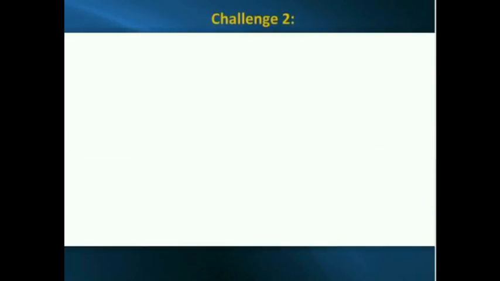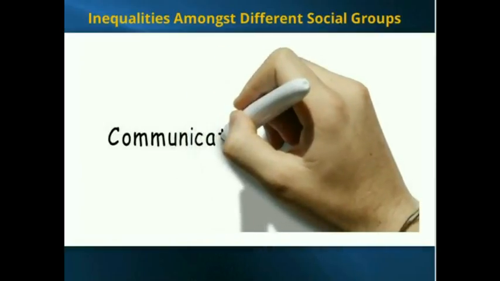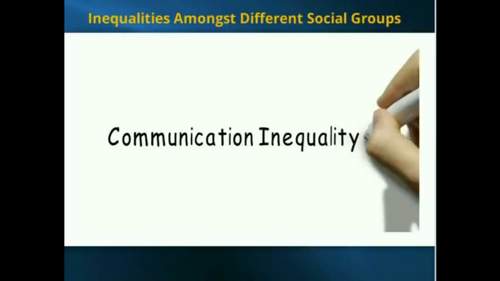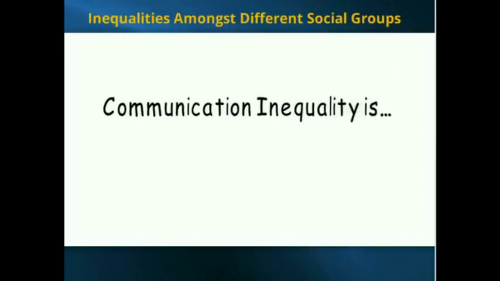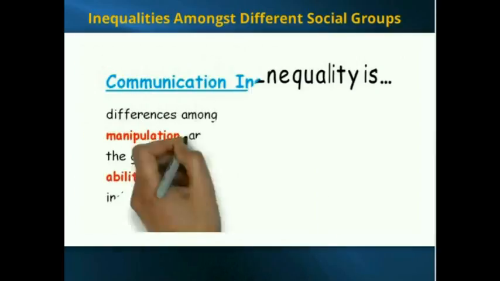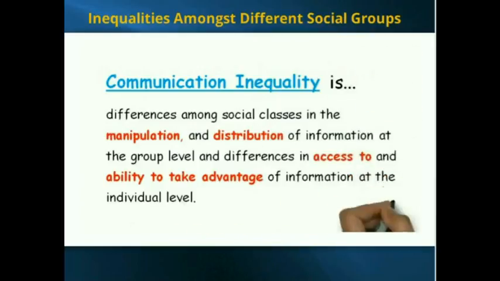A second challenge in communicating risk in the 21st century is inequalities in communication across different social groups. By communication inequality, we mean differences among social classes in the generation, manipulation, and distribution of information at a group level, and differences in access to and ability or capacity to take advantage of the information at the individual level.